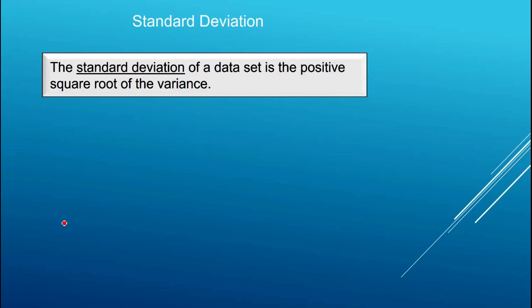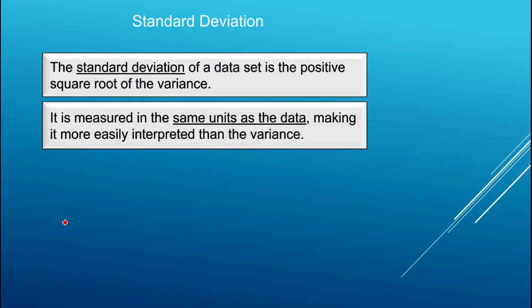The standard deviation of the data is basically just the positive square root of the variance. The great thing about the standard deviation is that it's measured in the same units as the data. It makes the standard deviation much easier to interpret than the variance.